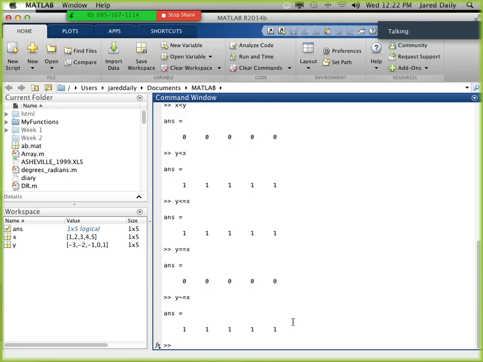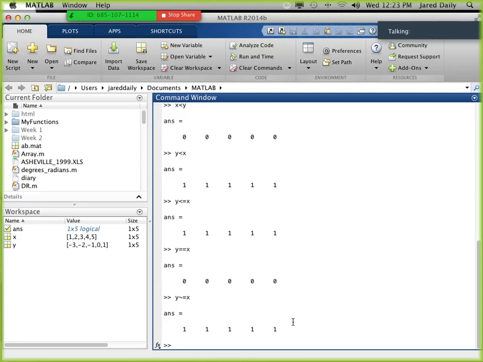Now, why would this be useful? Well, this would be useful in asking a question. You can ask MATLAB a question, well, not asking a question, but it would be useful in using the answer to one of these questions to determine the next action in your program.